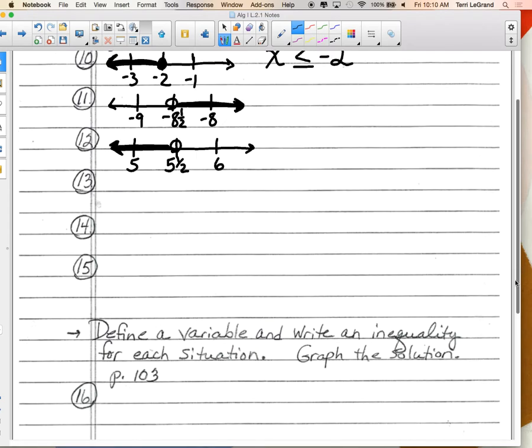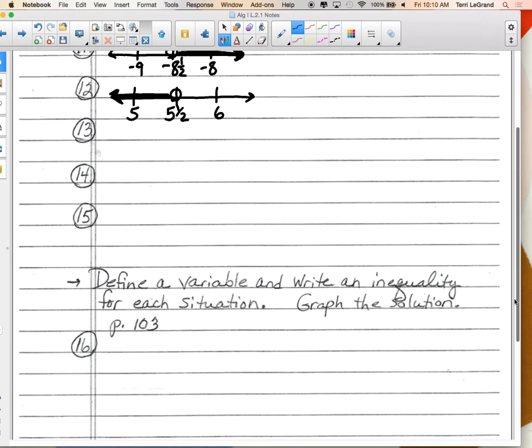If you want to make them as detailed as they do, that's your call, but this is the minimum of what you do.